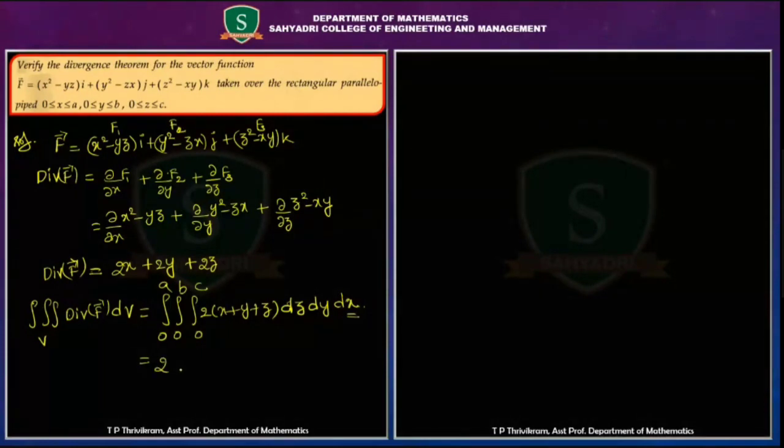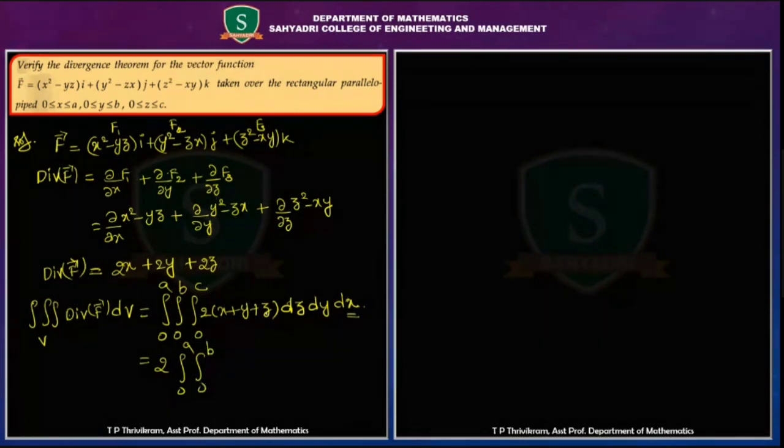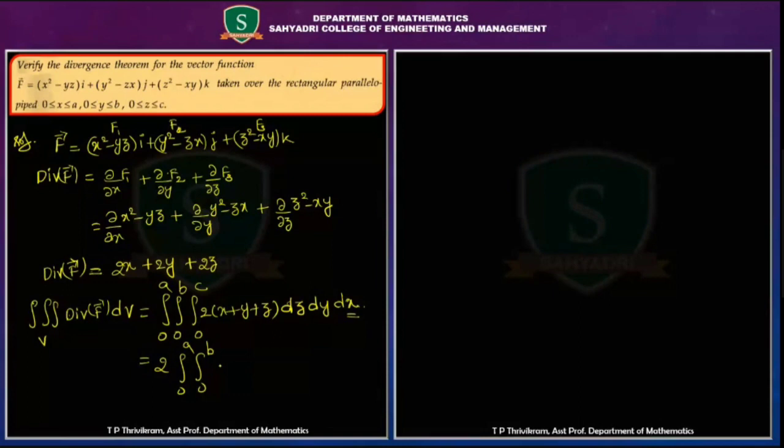Okay. So 2 into integral 0 to a, integral 0 to b. So with respect to z you need to integrate. So that means xz plus yz plus z square by 2 dy dx having the limits 0 to c.